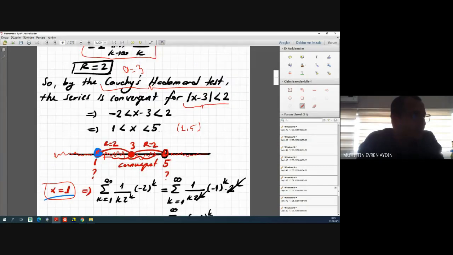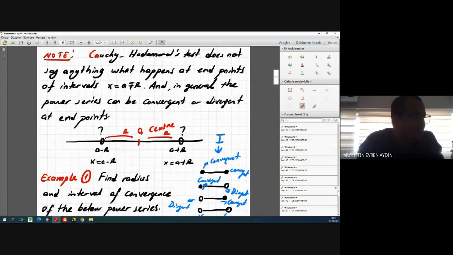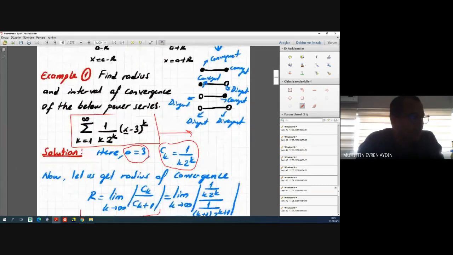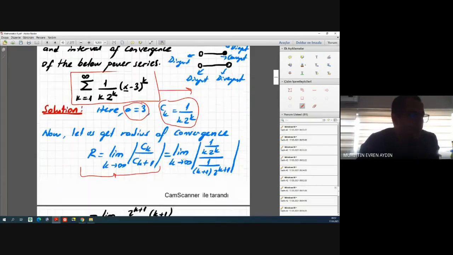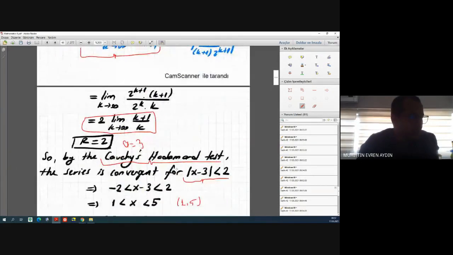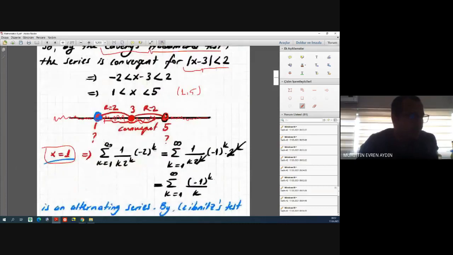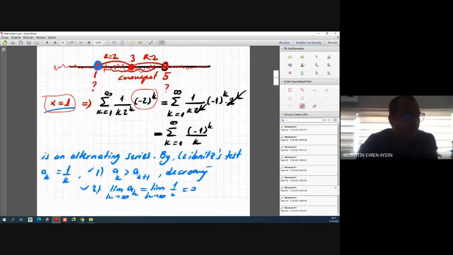If we replace x with 1, then we obtain an alternating series, as can be seen here, and after some eliminations we have this alternating series, and we know very well this is convergent.